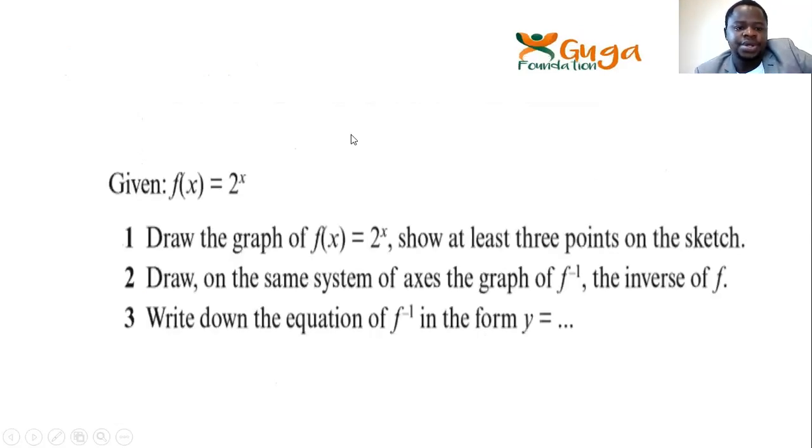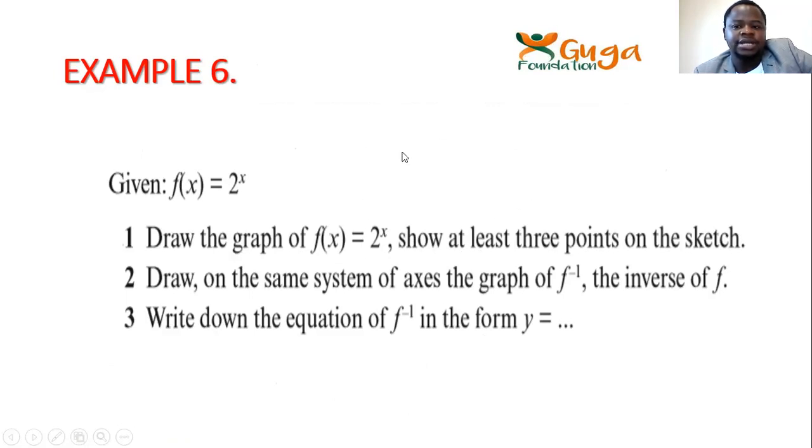Another example, number 6. Given that f of x equals 2 to the power x, draw the graph of f of x equals 2 to the power x, showing at least 3 points on the sketch. Here you just use a table. You have x and y on the table.